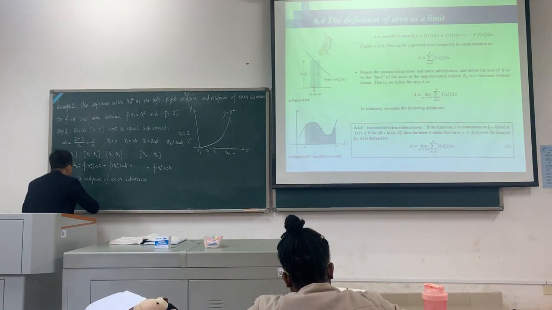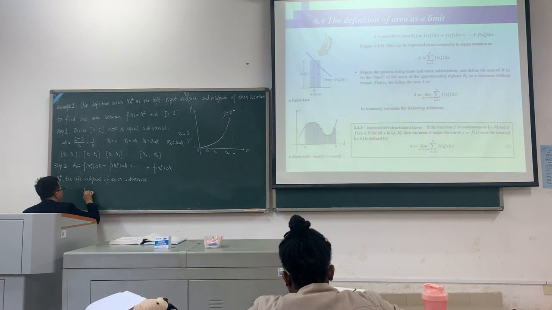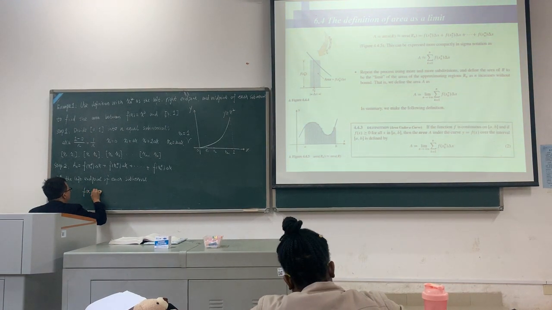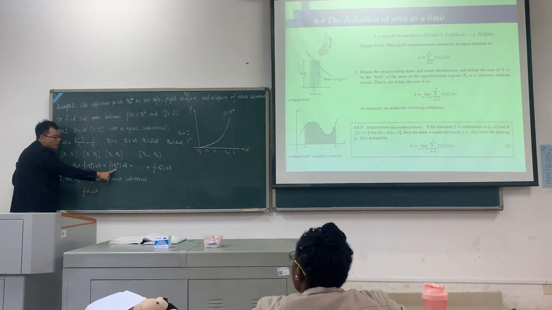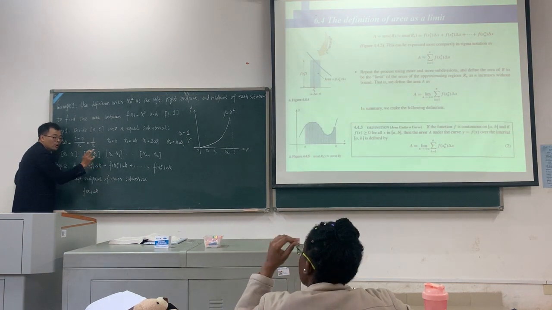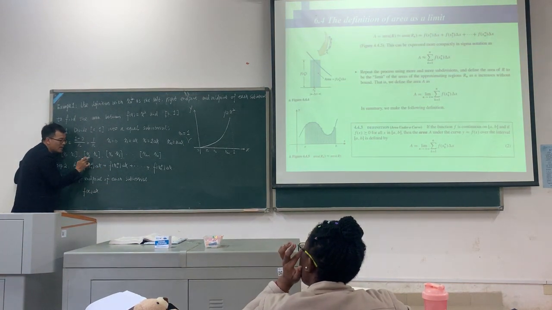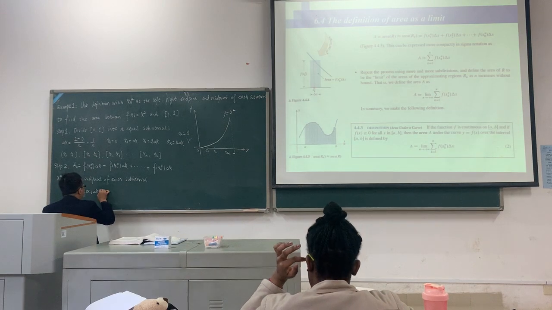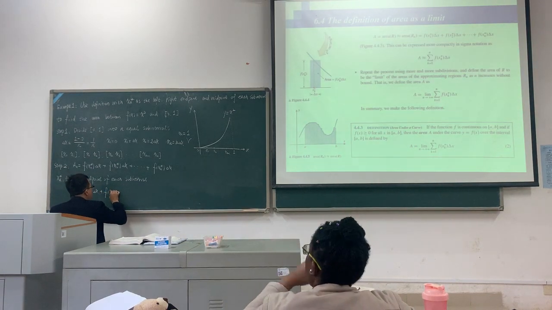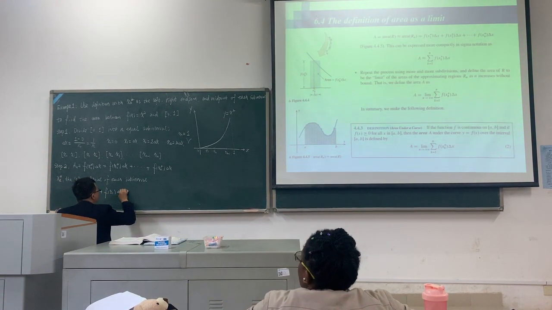So the first term is f(x0) times delta x. Here x2 star belongs to the second subinterval. So we choose x2 star as the left endpoint. The left endpoint is what? x1. So plus f(x1) times delta x.